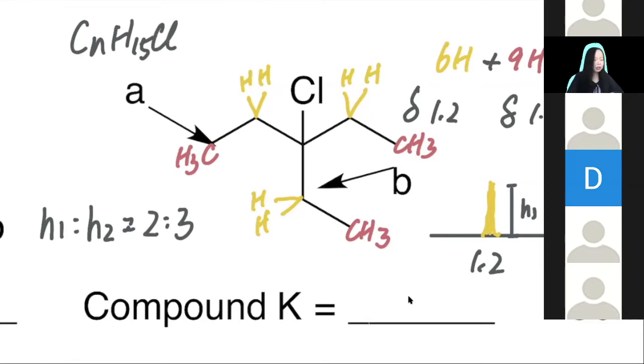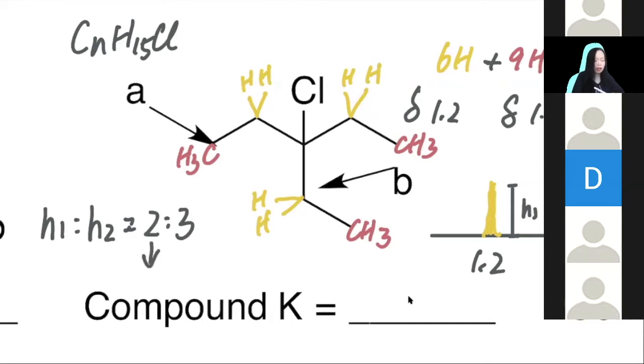Then you start to think, why am I only seeing 2 groups of peaks with a ratio of 2 to 3? Then you think, although it's a ratio of 2 to 3, actually there are 6 protons and 9 protons, which add up to 15 protons. That's why we ask you to exercise on the ratio, because you won't be able to see how many protons exactly are in the height until you solve the puzzle. Okay.